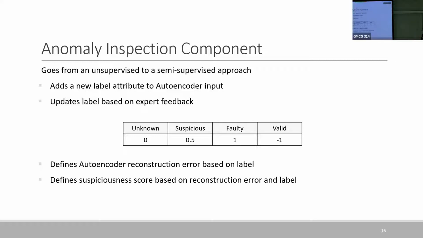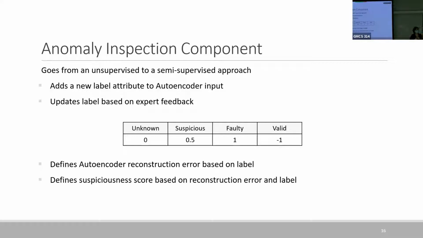For example, in the first training phase, where we don't have any prior knowledge about the data, this label input is equal to 0. After the model detects some of the records as suspicious, the label is updated to 0.5.